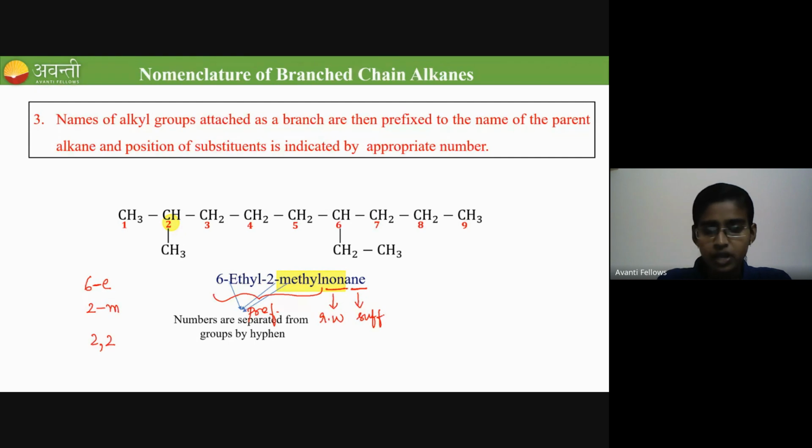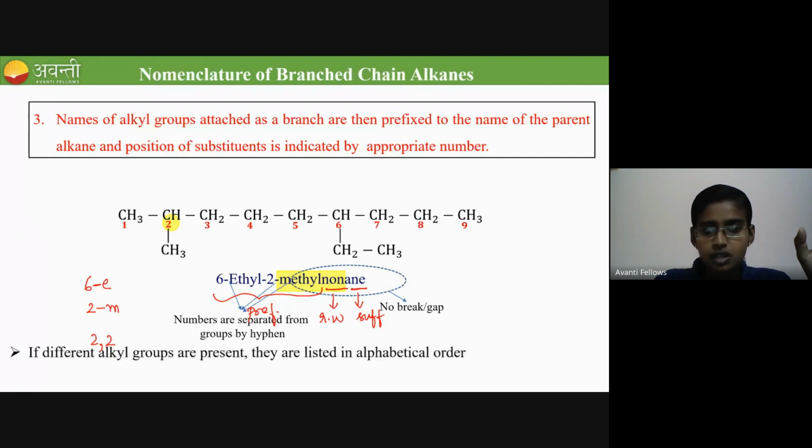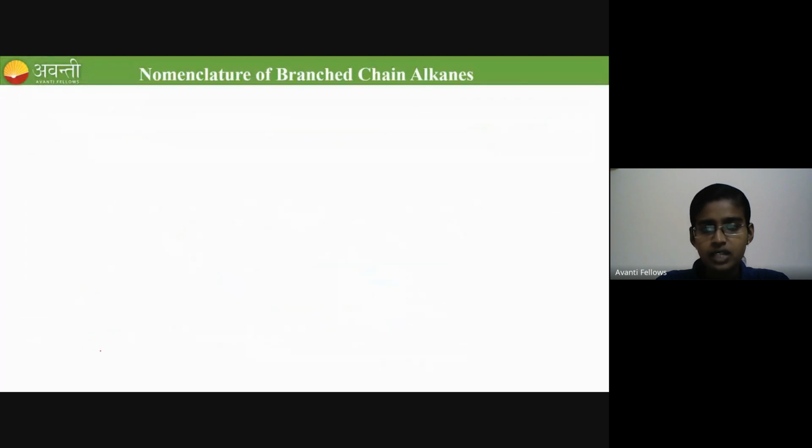This is the rule you have to follow. And you should not leave any space in your IUPAC nomenclature. Between your prefix, suffix and root word, you should not leave any gap. You have to write it as a single name. Then only it is correct. If different alkyl groups are present, they are listed in alphabetical order. That's what we have done here.